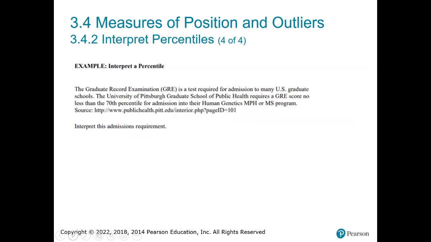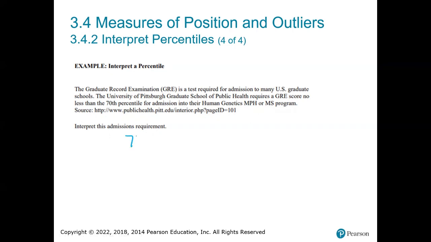Okay, so another one here. The Graduate Record Exam, the GRE, is a test required for admission to many U.S. graduate schools. The University of Pittsburgh Graduate School of Public Health requires a GRE score no less than the 70th percentile for admission to their Human Genetics MPH or MS program. What does this mean? They require no less than the 70th percentile.